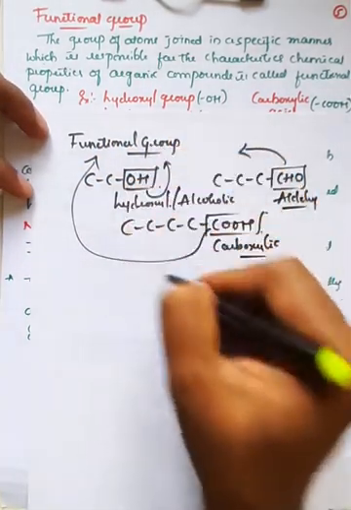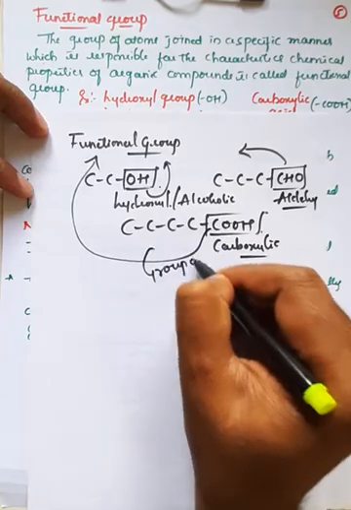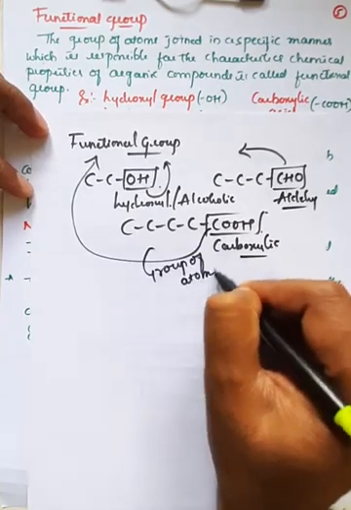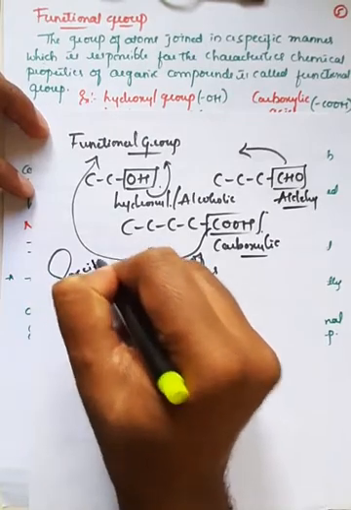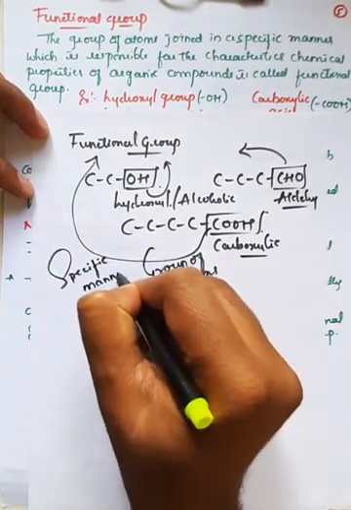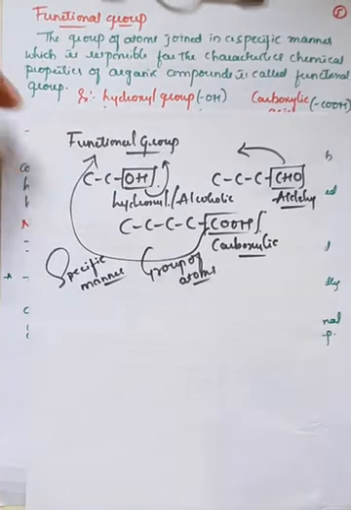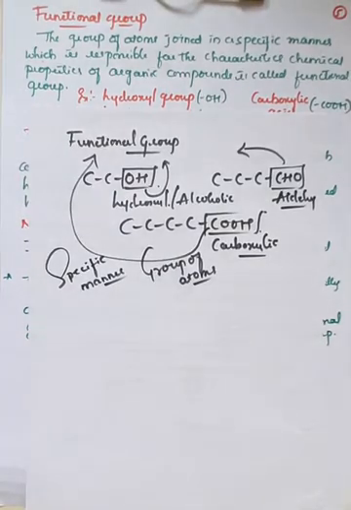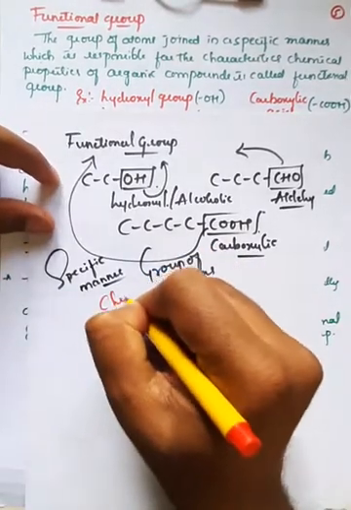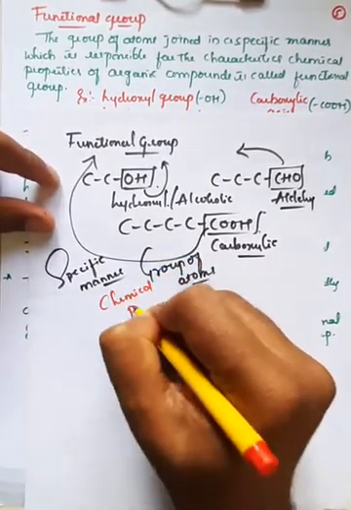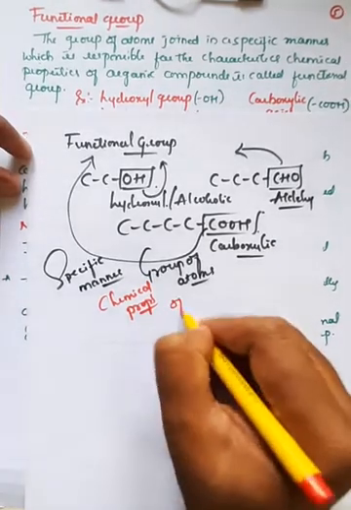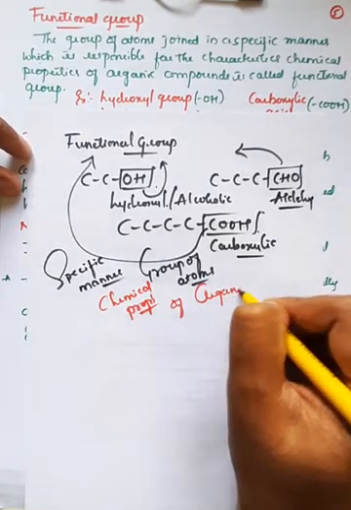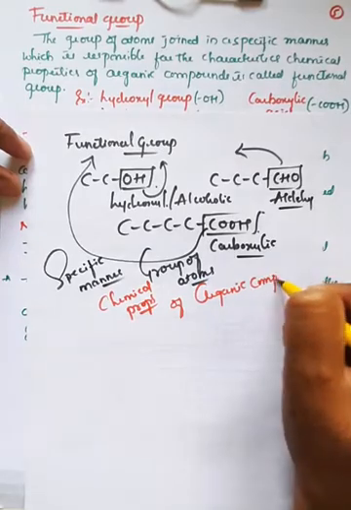Therefore, a functional group is nothing but a group of atoms joined in a specific manner, and generally they represent the chemical properties of the overall organic compound, right?